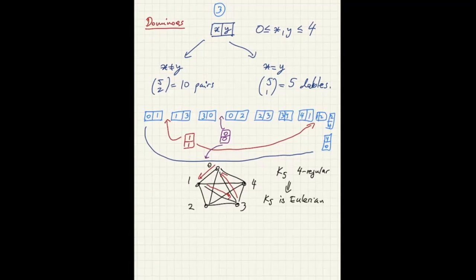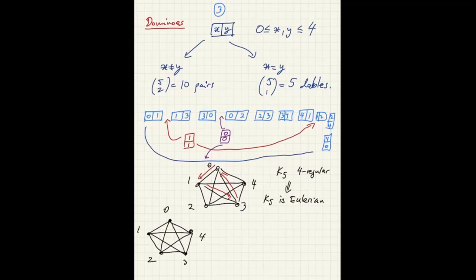So there is a way to draw it. Let me just put the vertices here, label them 0, 1, 2, 3, 4. What I did was I started at 0, go to 1, go to 3, go back to 0, and then I went 0, 2, 2, 3, 3, 4, 4, 1, 1, 2, 2, 4, and 4, 0.